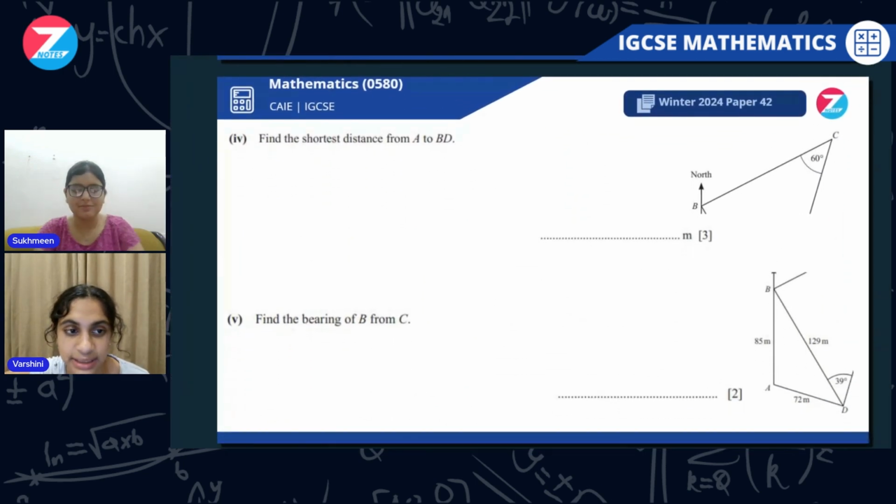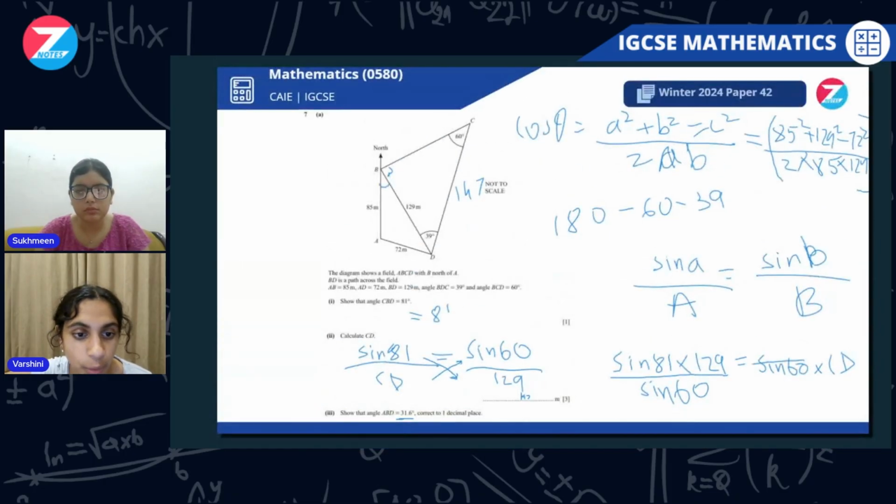For the next question, find the shortest distance from A to BD. So we know that the shortest distance is going to be from here to here, and we know it's going to be a straight line, and it's going to be perpendicular to BD. So that means we can draw a right angle over here.